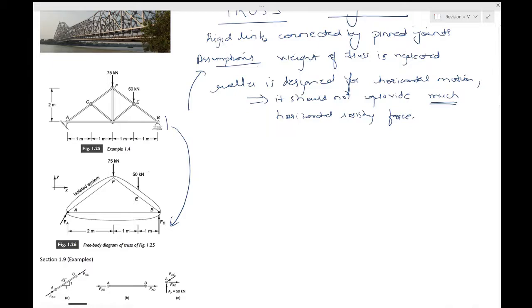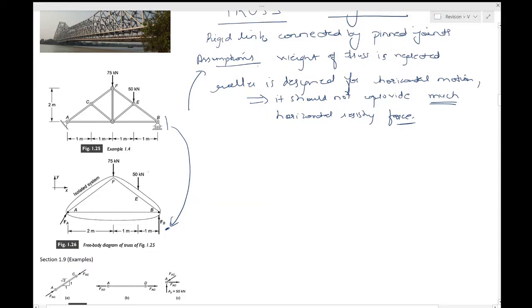We'd just put a sliding sort of situation. You know that rolling is easier than sliding, hence you put on rollers. So that is the reason this horizontal force has to be quite small, and that is why you are able to ignore the horizontal force over here compared to the vertical one. That's the reasoning.